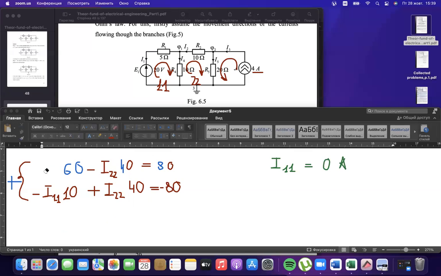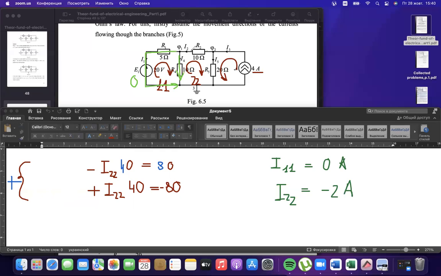Okay, if it equals 0, then let's substitute it in each equation. We obtain that I11 disappears, and as we see, I22 equals minus 2 amperes. Then let's return to our system. We have current 0 here.